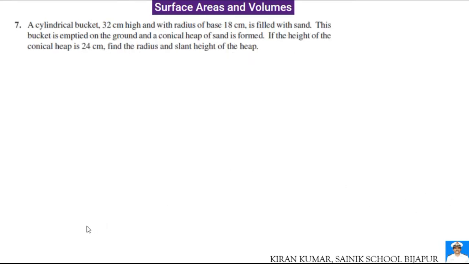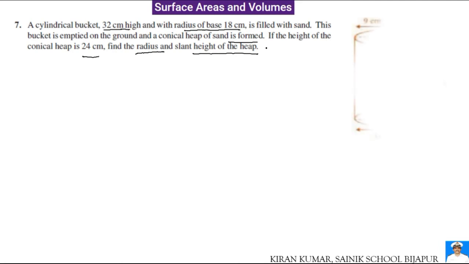Question number 7. A cylindrical bucket 32 centimeter high with a radius of base 18 centimeter is filled with sand. This bucket is emptied on ground and a conical heap of sand is formed. If the height of the conical heap is 24 centimeter, find the radius as well as slant height of the heap.